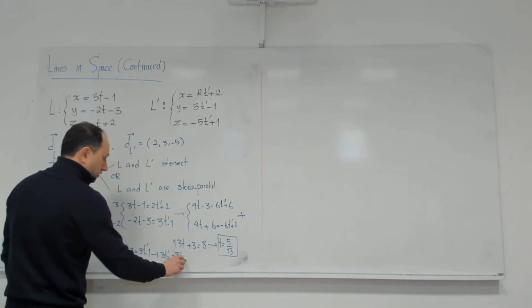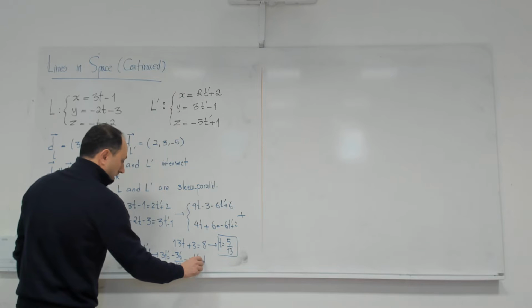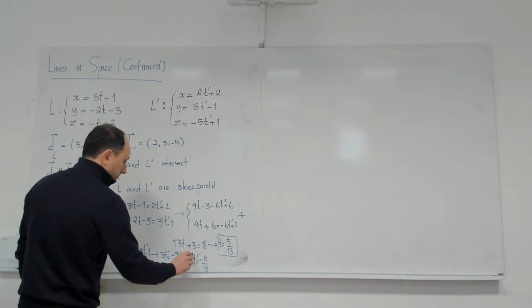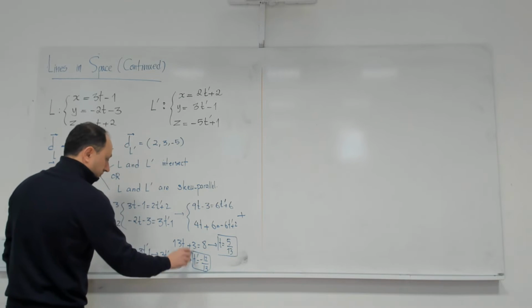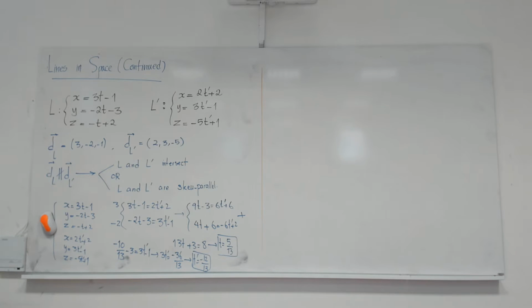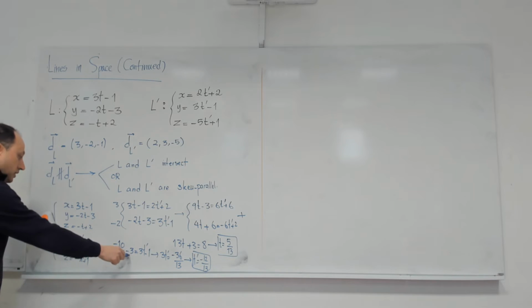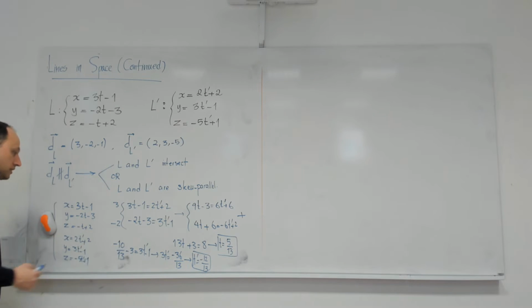I'm looking for t prime, so I divide by 3. It's negative 12 over 13. Yes. I hope that I haven't done something wrong. So I move this to this, minus 2, and then minus, yes, that's correct.